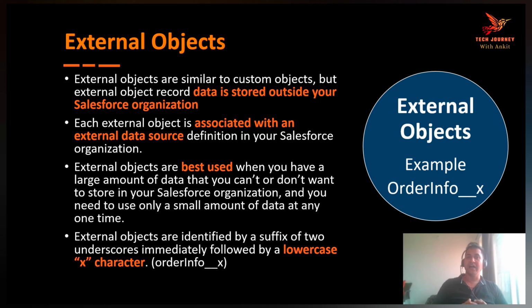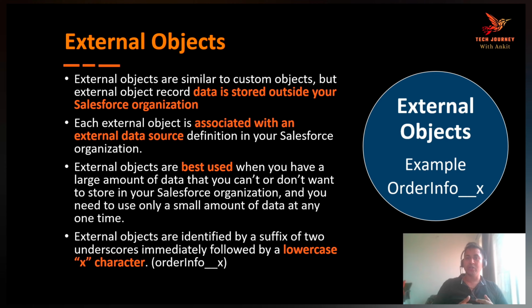External objects are similar to custom objects. The way a custom object looks, which has validation rules, page layouts and tabs, similarly, an external object looks similar to a custom object, but the key part here is that external objects are used to store the data that we are getting from the external system.